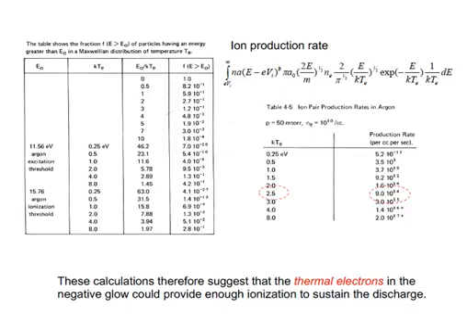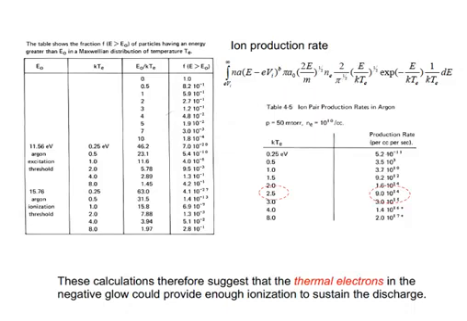So for example, if we consider the excitation process, if the energy of the electron is about 4 electron volts, the excitation energy of 11.56 electron volts is about 2.89 times the thermal electron energy.